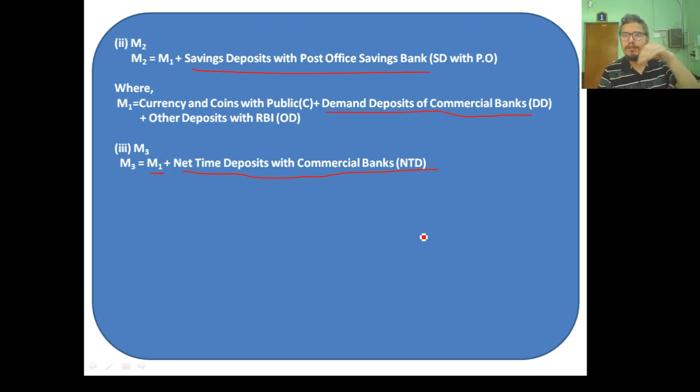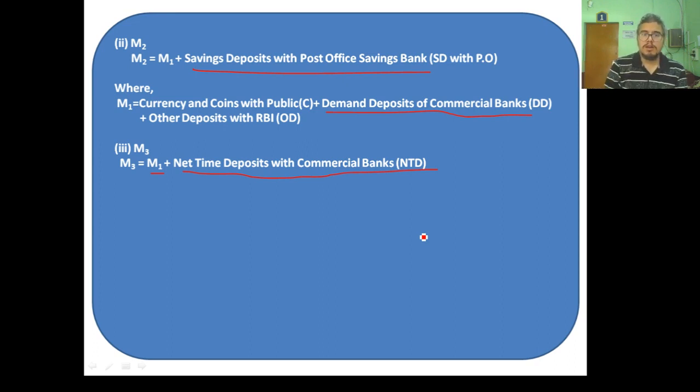Okay, if it is really urgent for him to withdraw the money, there are provisions to withdraw it, obviously after going through some formalities, but he will not get the interest rate which was agreed upon. Obviously he will get a discounted value of it. Okay, so net time deposits have certain restrictions. In time deposits you cannot withdraw or use your money whenever you need it. You have to wait for the maturity period.